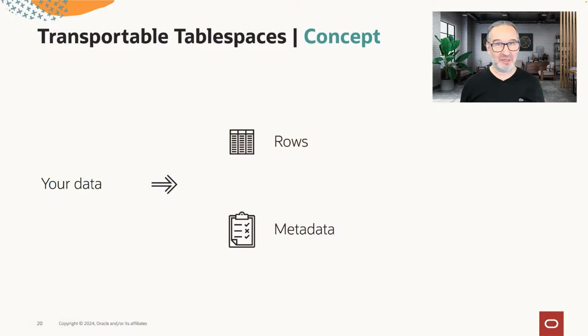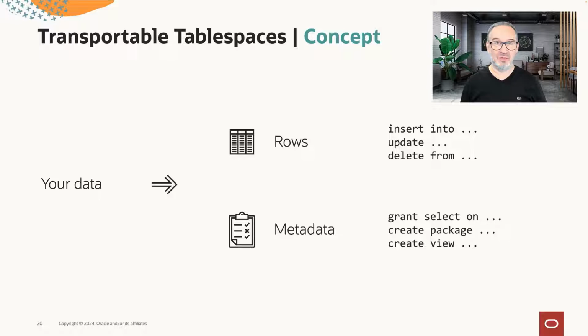You have a relational Oracle database, so your data is organized in tables. It's stored in rows, but you have also potentially metadata in your database. Now, the rows get updated with inserts, updates, deletes, while metadata gets accumulated when you grant something or you create a view or you create a package.